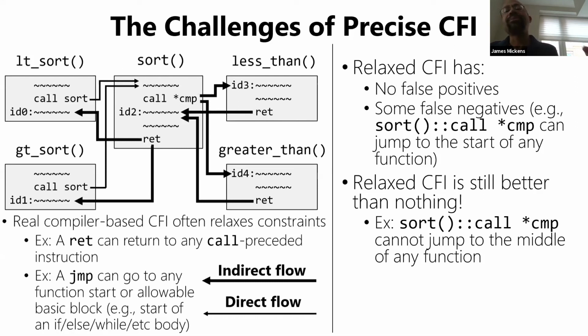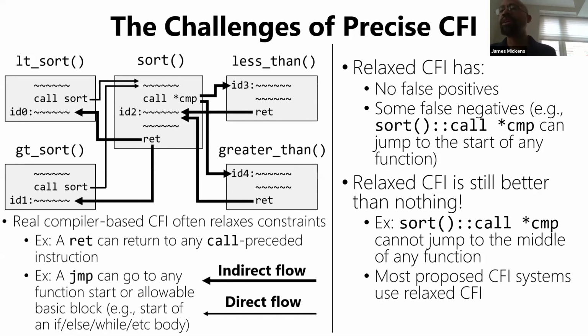It can go to some places that are not allowed by the strict CFI graph, but perhaps this is the price we pay for performance. Because people don't want false positives and they don't want to pay the performance penalty for tracking a precise control flow history at runtime, most of the proposed CFI systems that you'll see use relaxed CFI.